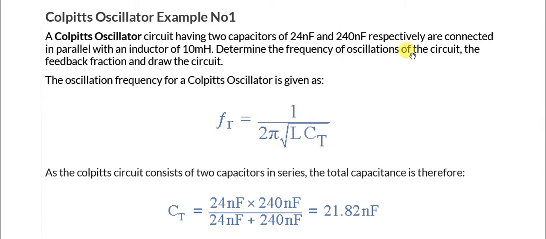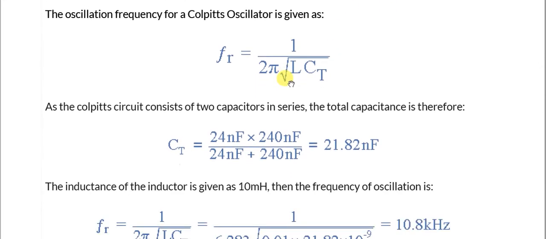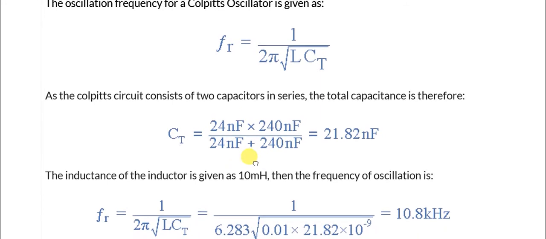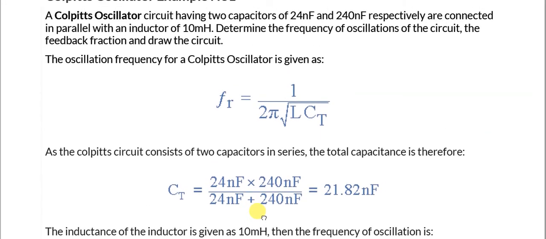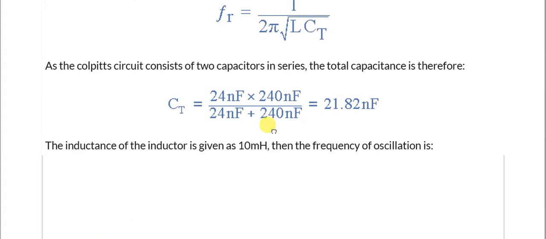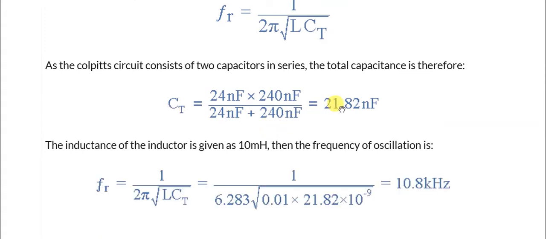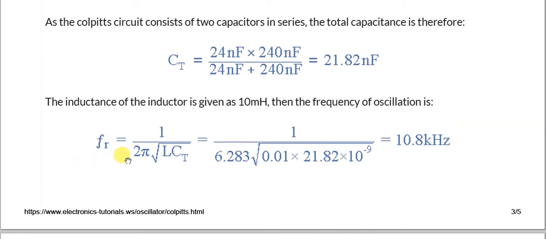So for the resonant frequency, we simply put in the respective values, that is C1 is 24 nano and C2 is 240 nano. The resultant CT we take as 21.8 nanofarad, and the resonant frequency is then 1 over 2 pi square root of L CT, where L is 0.01 Henry and CT is 21.82 times 10 to the power minus 9 farad, and the resonant frequency we get is 10.8 kilohertz.